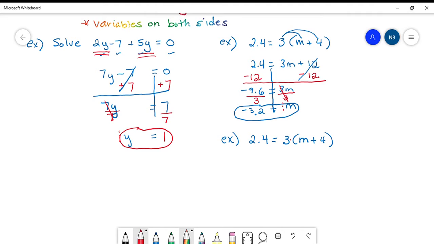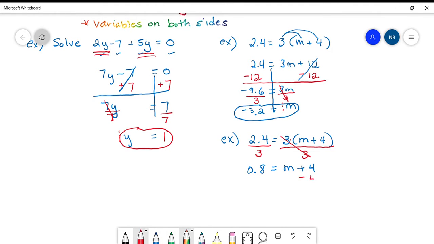The 3 is being multiplied by the quantity m plus 4. So I'm going to divide the right side by 3. Now when I do that, 3 divided by 3 makes 1, which is a good thing because then the number in front of the parentheses becomes 1. 2.4 divided by 3 is 0.8 equals, and since the coefficient on m plus 4 is 1, I can drop the parentheses because they're no longer necessary.